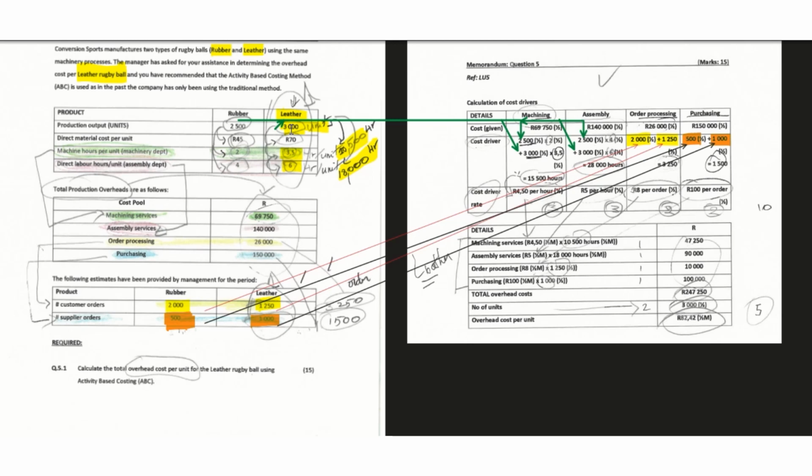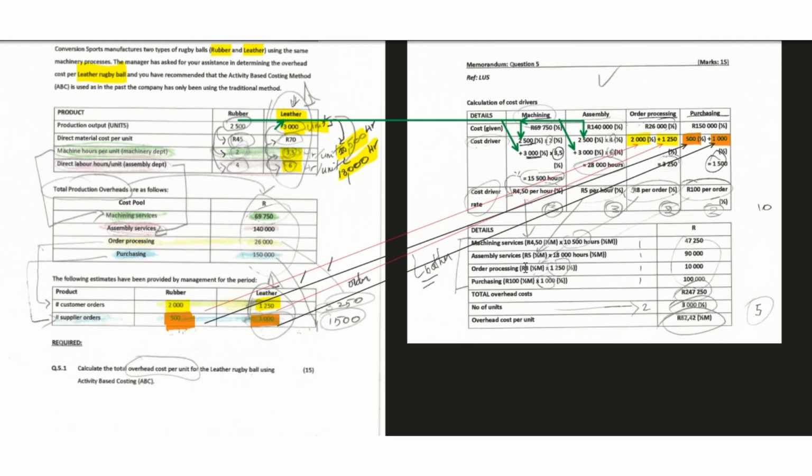How many machine hours per unit? It is 3.5. We take the 3,000 multiplied by 3.5, we get 10,500 hours. That's why we would take the machining services cost driver rate of 4 rand and 50 cents multiplied by that number of hours for the production specifically of the leather rugby balls.